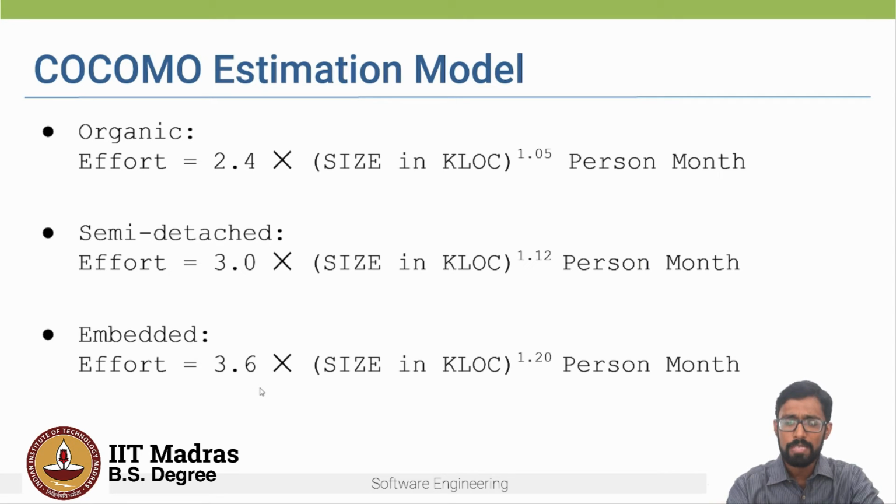And this makes sense because embedded projects, as we saw, involve coupling with hardware, the team is large, there might be many inexperienced people, and because of this, the effort increases exponentially as the complexity of the project and the team increases. So based on these constants, the initial or nominal estimate is calculated in terms of the effort.